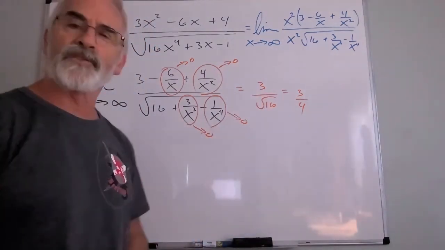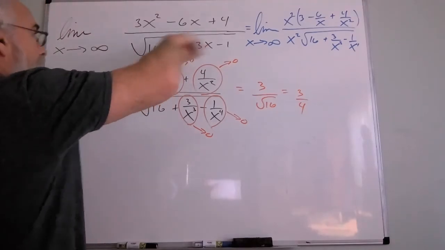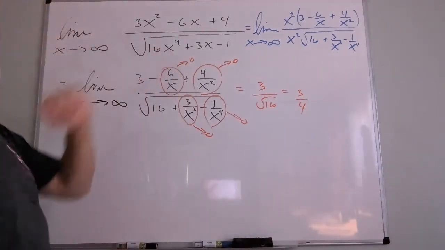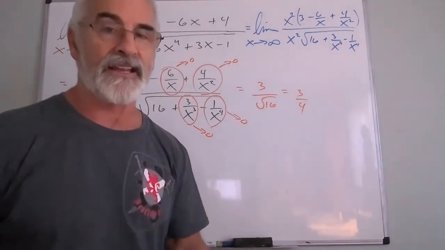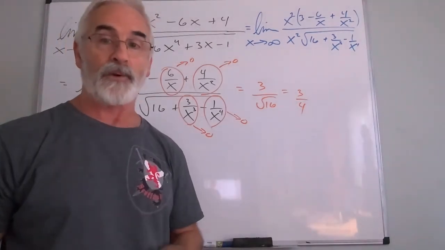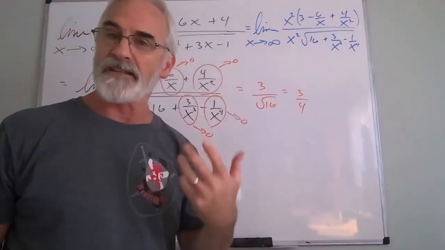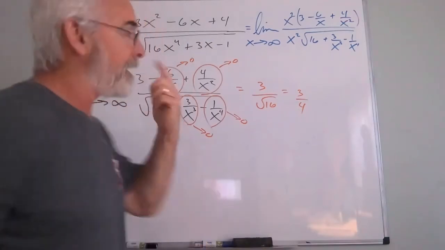Now, a lot of you can use a little common sense and say, you know, this is not a polynomial, but I am taking the square root of something where the lead term involved x to the fourth. So it behaving like an x squared is not that far-fetched. By the way, it doesn't behave like an x squared because I have square roots in there. But the whole idea of mentally thinking, it's kind of like an x squared, that's an x squared.